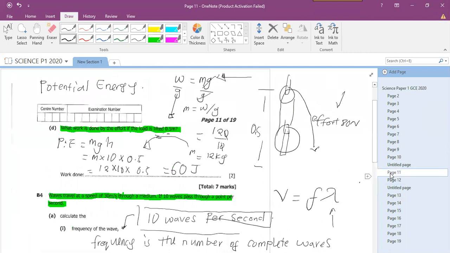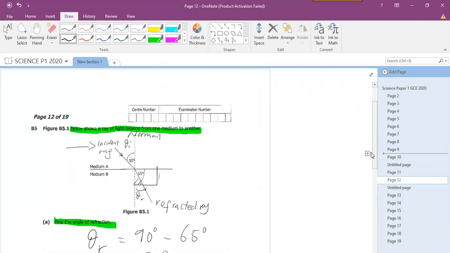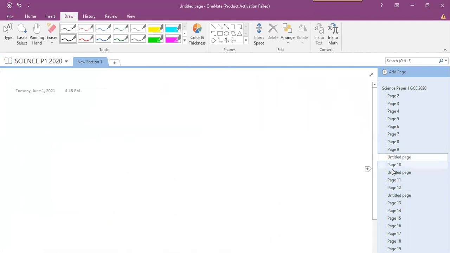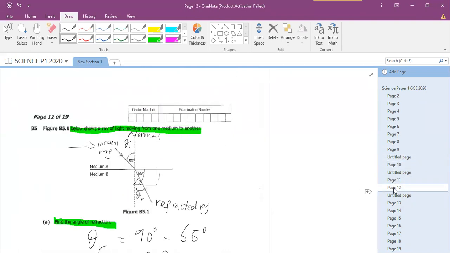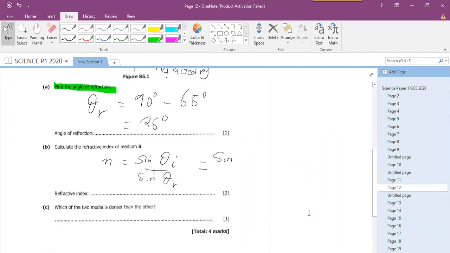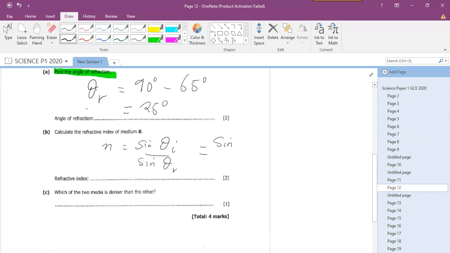So this will be sine 50 divided by sine 25.